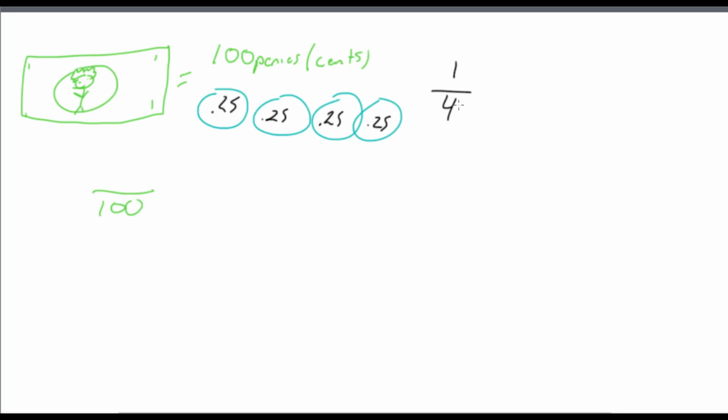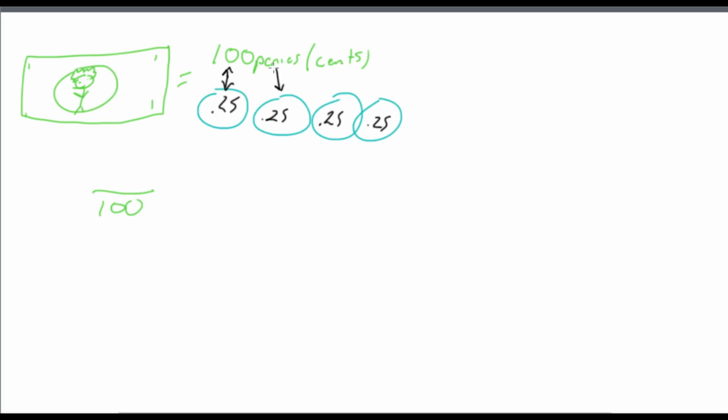So 1 quarter is 1 over 4. 2 quarters, 3 quarters, 4 quarters happens to make a whole. And we call these quarters because they are each a quarter of the dollar. So that's worth a quarter, that's worth a quarter, that's worth a quarter, and that's worth a quarter. So we can say that 25 cents is worth a quarter.